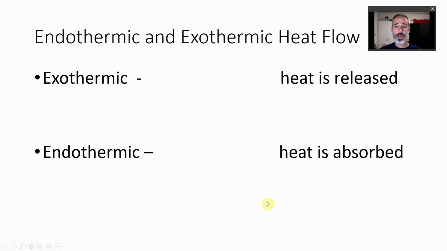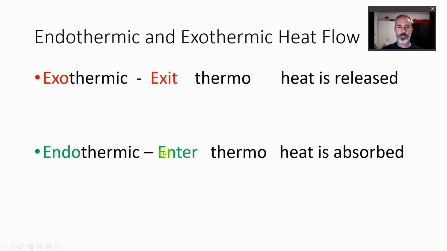Of course, we could apply these terms to it as well, which is exothermic means heat is released, endothermic means heat is absorbed. We've already seen that, and of course, this cute little idea here, you can think of the exit sign, like to a room or something like that, or a highway. It means leave, right? So this is heat being released, and this is heat entering.